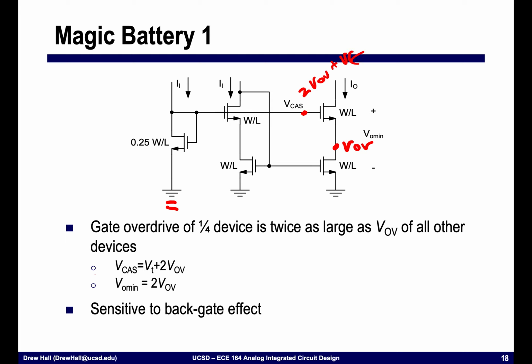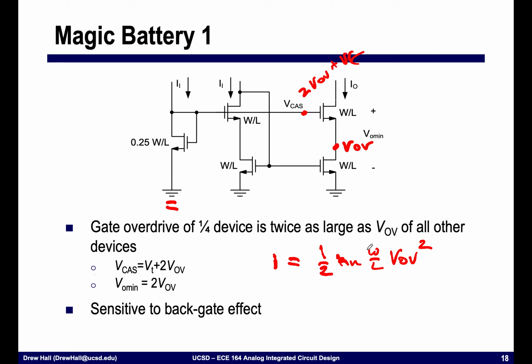So I'm trying to generate a voltage that's equal to 2 VOV plus VT. If you write out the expression for a MOSFET in saturation, you can see that what I'm trying to do here is increase and add this prefactor of 2.